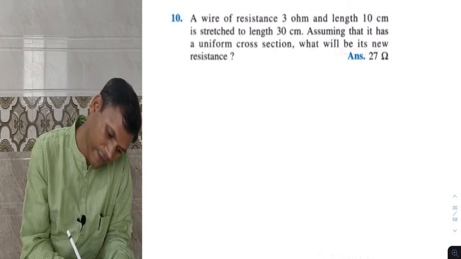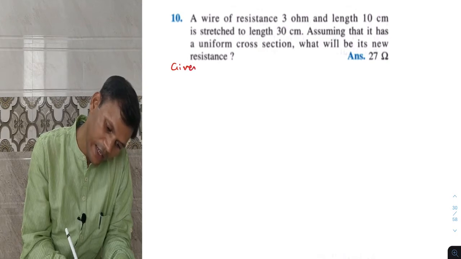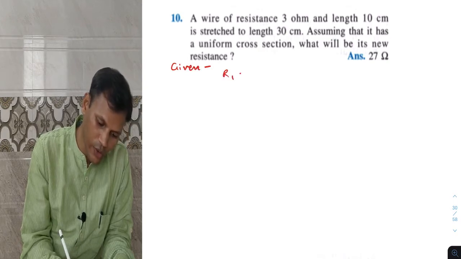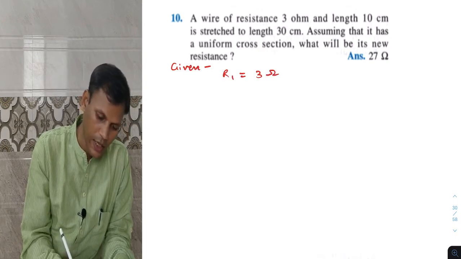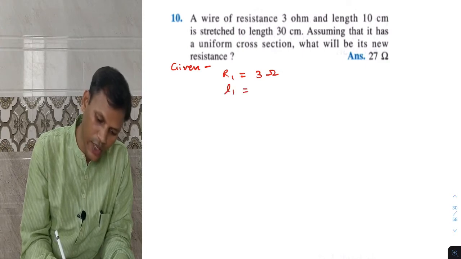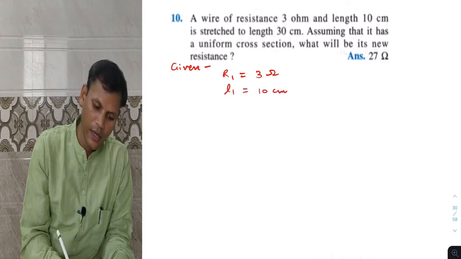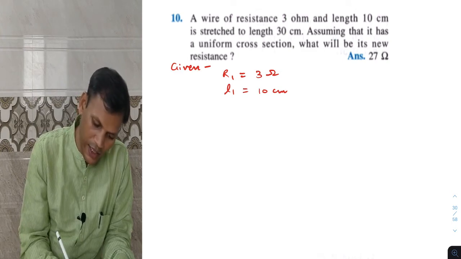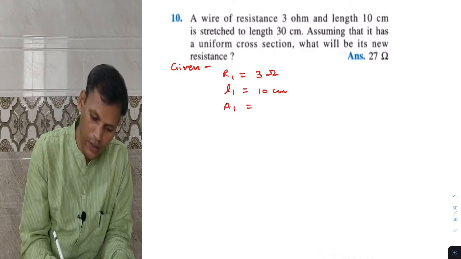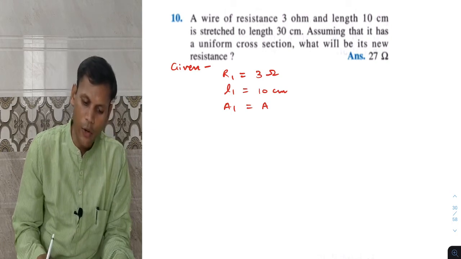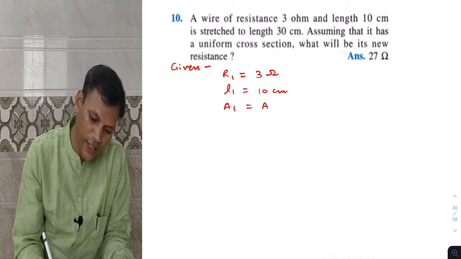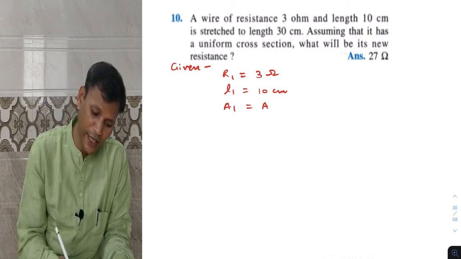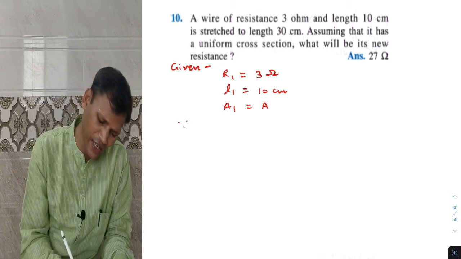So it is given: R1 is equal to 3 ohm, L1 is equal to 10 centimeter, and area of cross section A1 will be A. Now, according to the given condition, or we can say second part, we can write in that format.